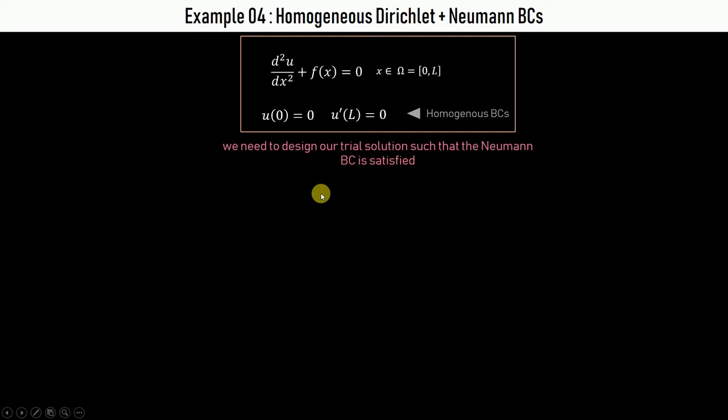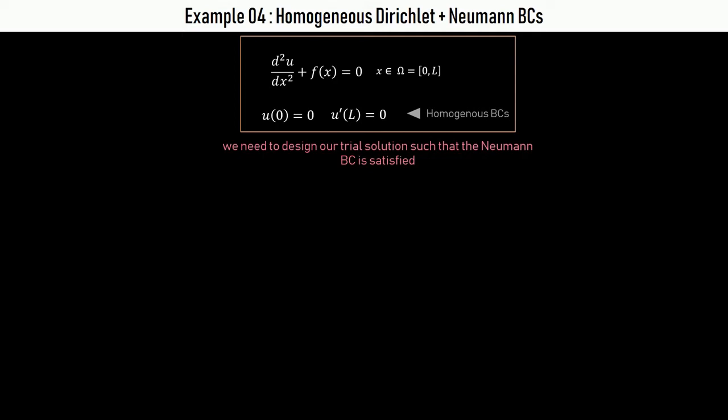So the first thing that we need to think of is that we have a bit of information about our solution, which is the boundary conditions that need to be satisfied. Okay, so I'll start using a term called permissible trial solutions. We need to construct such trial solutions which satisfy our boundary conditions.